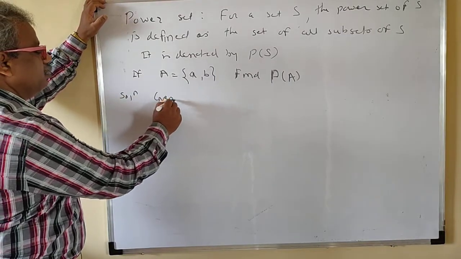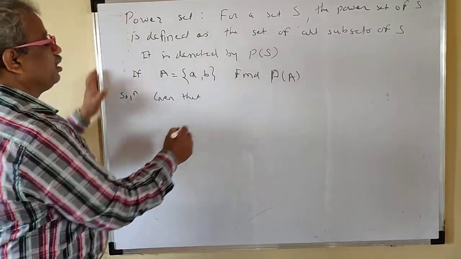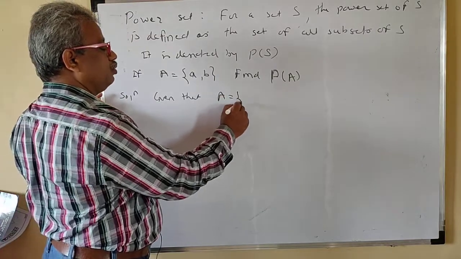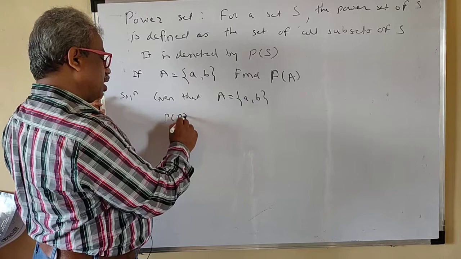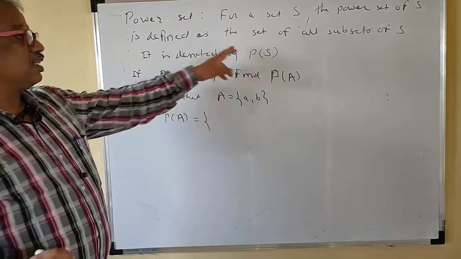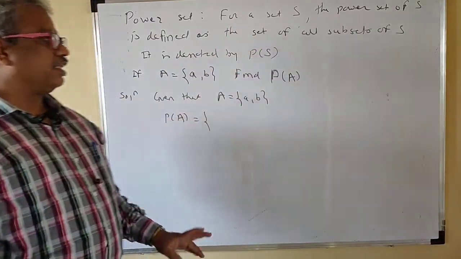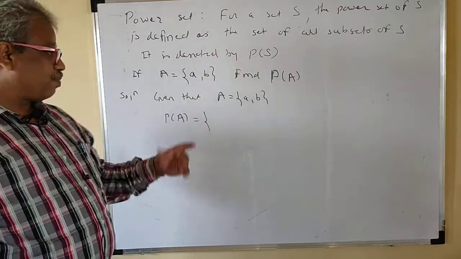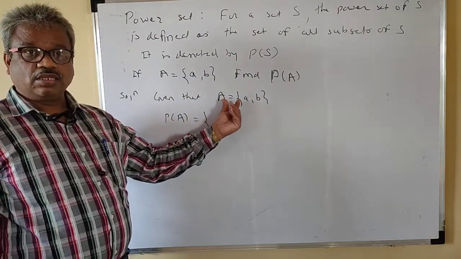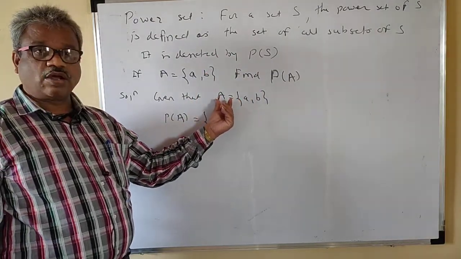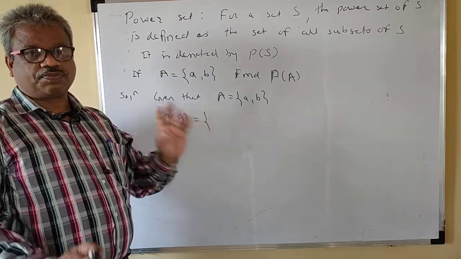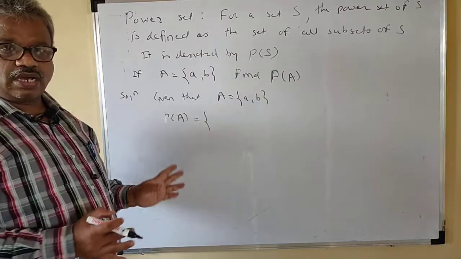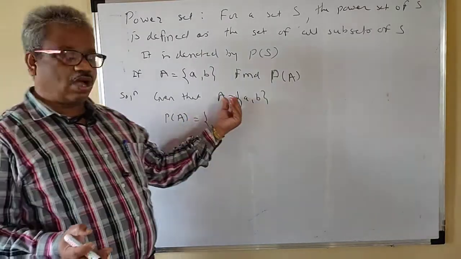Given that A is equal to {a, b}. So the power set of A is nothing but what? The set of all subsets of A. That means you have to find all the subsets of A and enclose them in curly brackets. You have to take the collection of all the subsets of A.